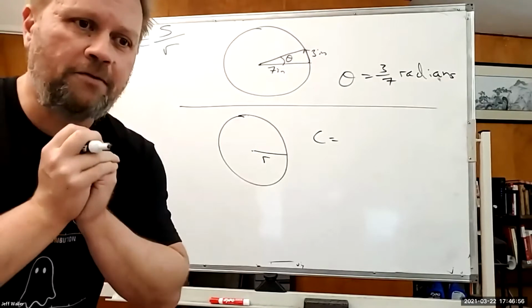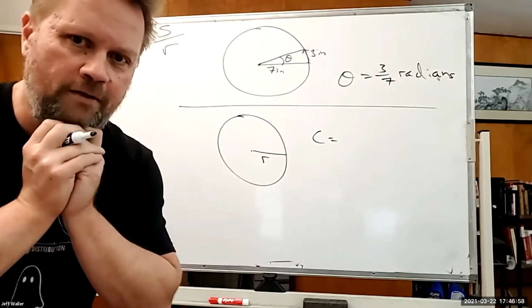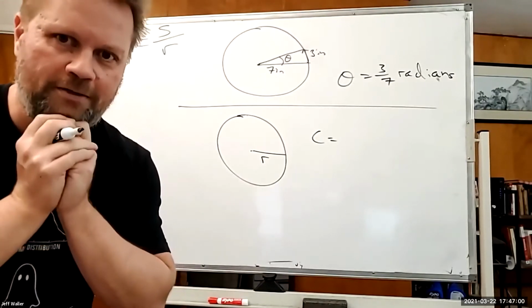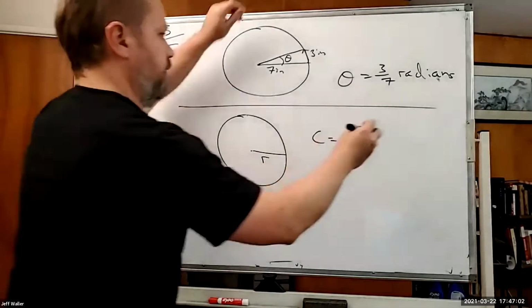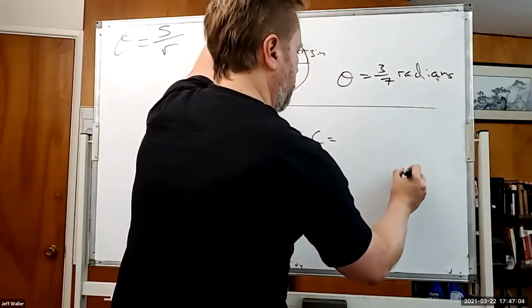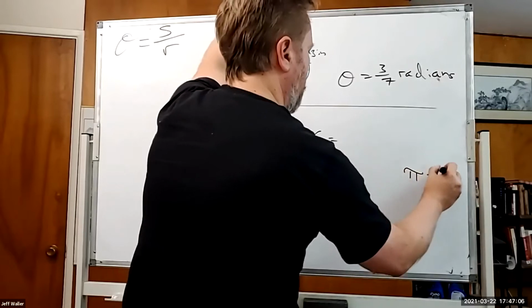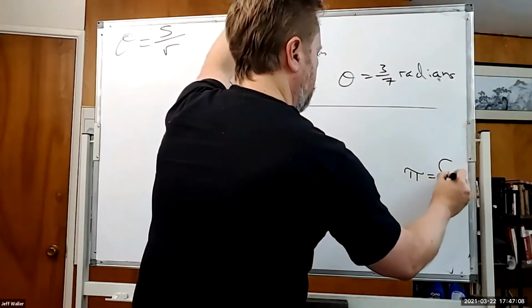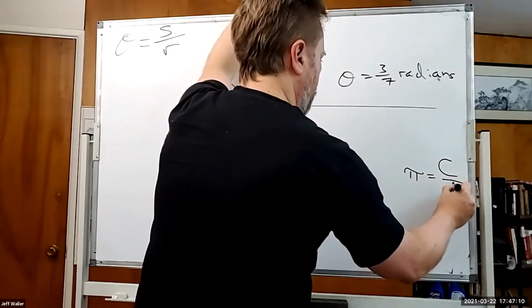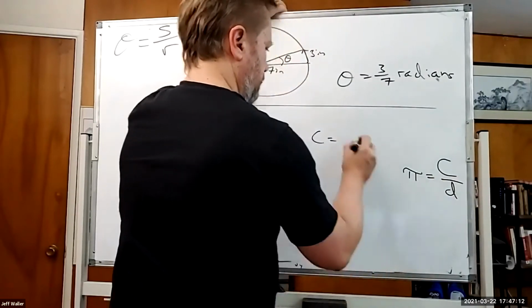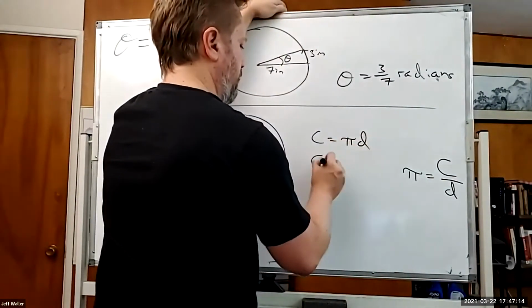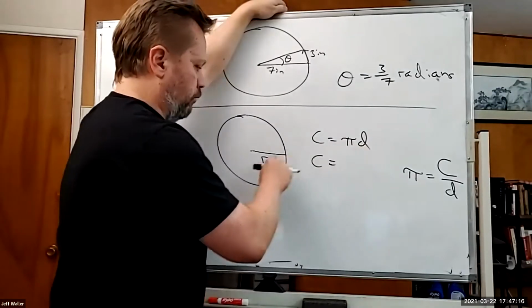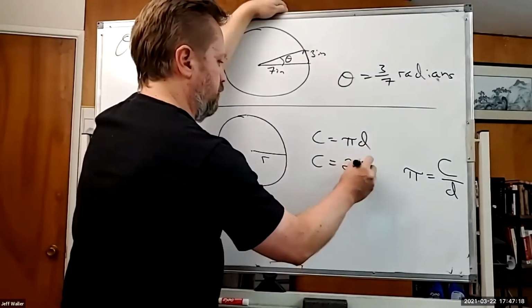No, that's how many degrees there are. 2 pi r. Okay, 2 pi r. So let's not forget the basic definition. Where did pi come from? It came from the circumference divided by the diameter. So C equals pi d. Diameter is twice the radius, so C equals 2 pi r.